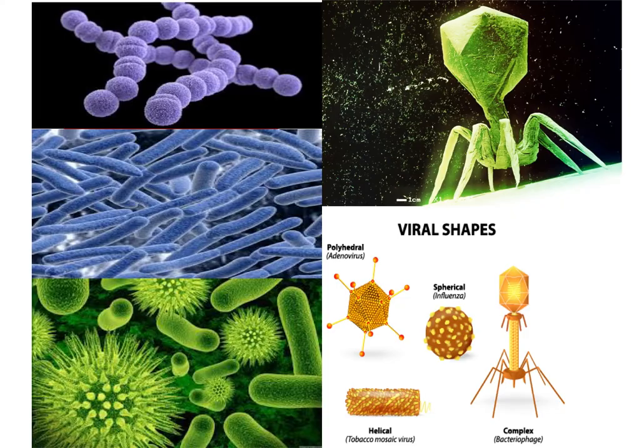Okay? So here we have examples of viruses and bacteria. Right here on top, this is bacteria. This is a gram-positive bacteria. This is a bacteria. It's gram-negative. We've got some viruses and bacteria going on right here.